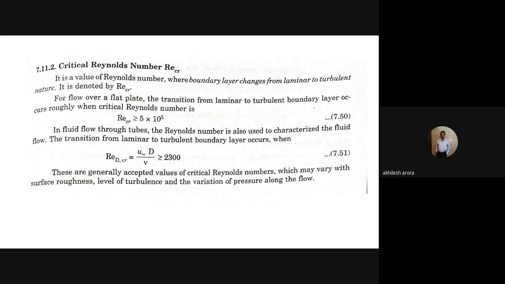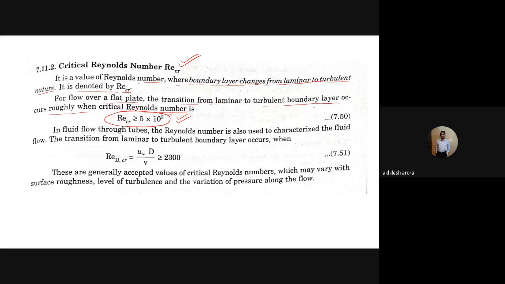Now let us talk about the critical Reynolds number. This is also very important. We discussed it: it is the value of the Reynolds number where the boundary layer changes from laminar to turbulent, and it is denoted by Re critical. For a flat plate, the transition from laminar to turbulent boundary layer occurs roughly when the Reynolds number is greater than 5 into 10 raised to power 5.